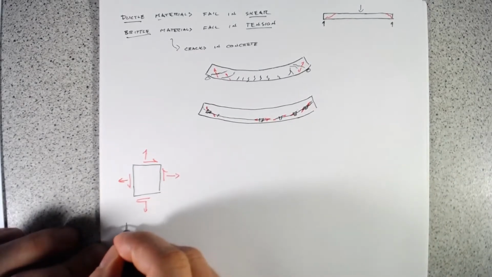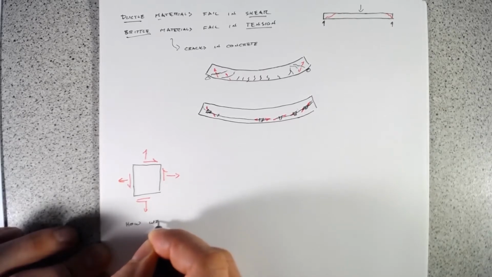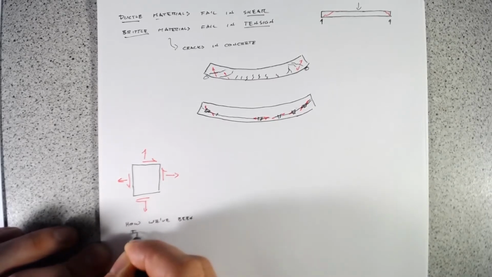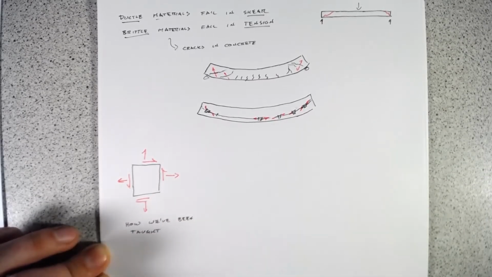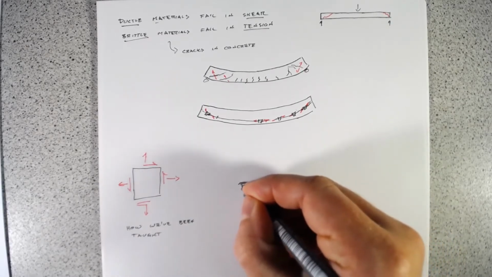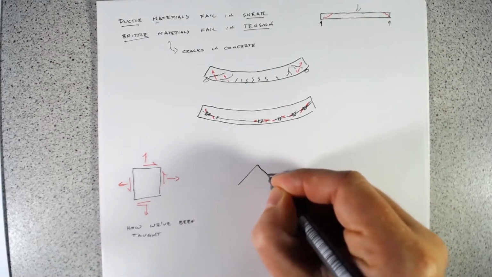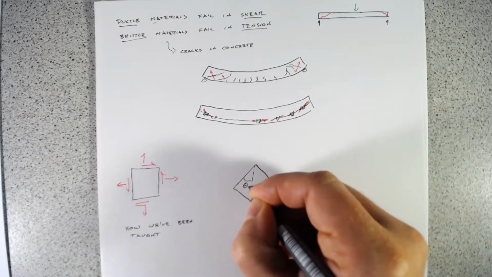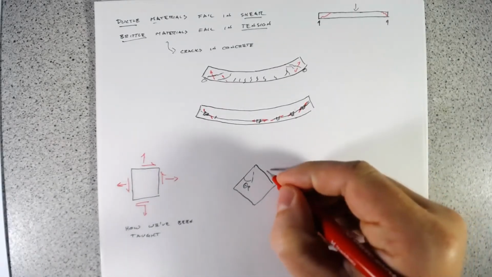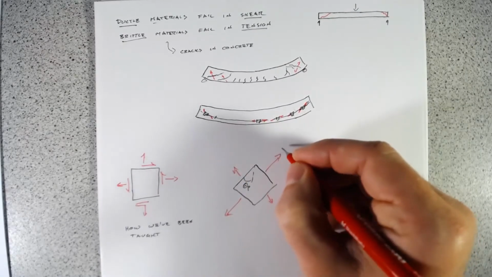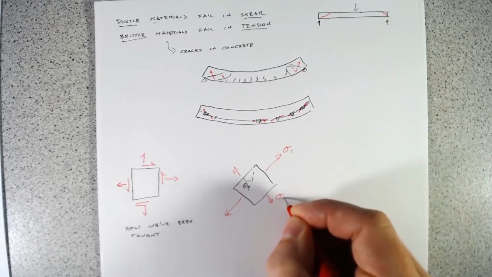This is how we've been taught, but really what we care about is at some angle, and I'm just going to call that sigma p, there's some sigma 1, sigma 2.